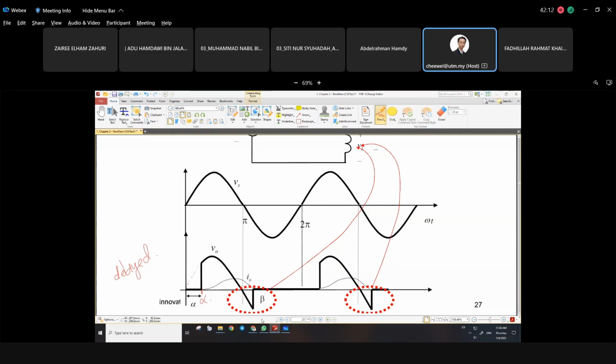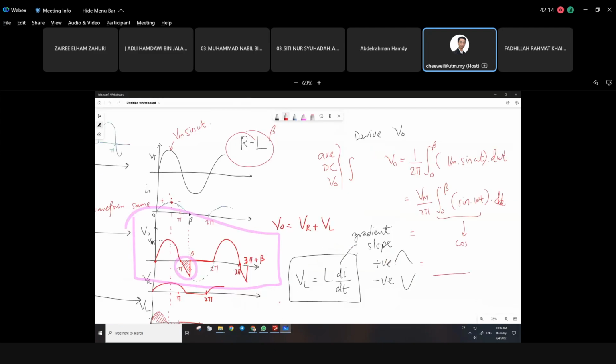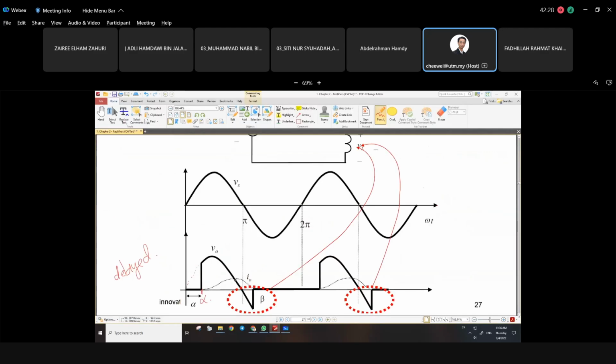In the whiteboard just now, I was using the current as a starting point so that I know when it starts and when it stops. It starts from 0, stops at beta. So the range is given in the same way, starting from alpha, stopping at beta. So the range is still the same, right?